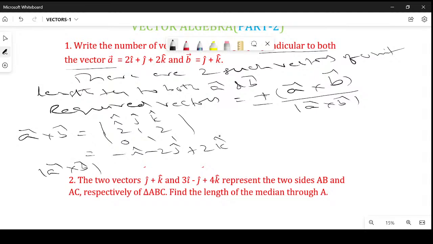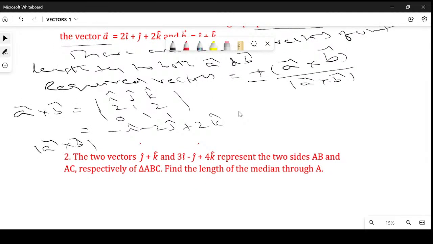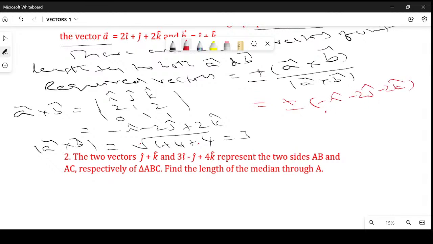If you find the magnitude, mod a bar cross b bar equals root of 1 plus 4 plus 4, root 9, that will be 3. Now I can write the required answer. The required vector is plus or minus minus i cap minus 2j cap minus 2k cap by 3.